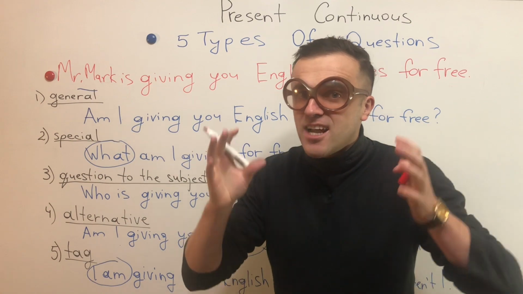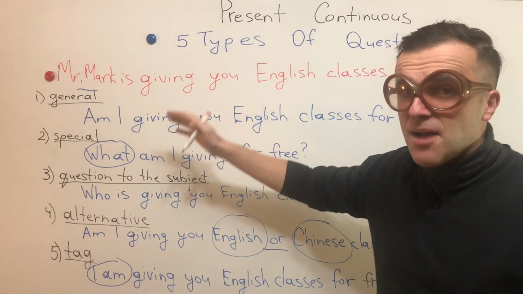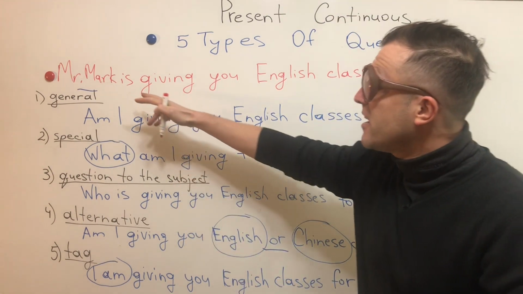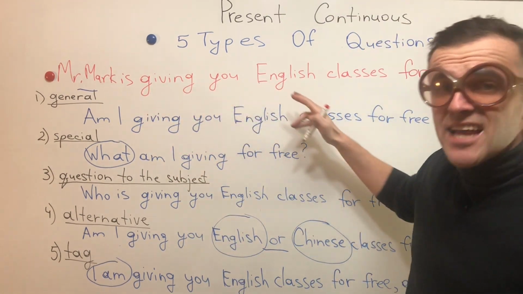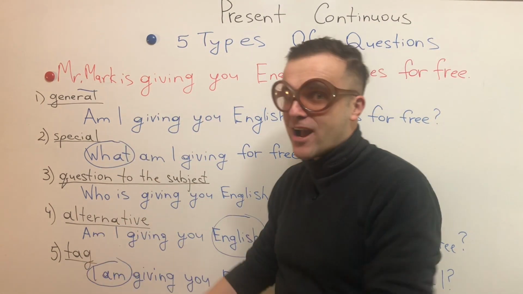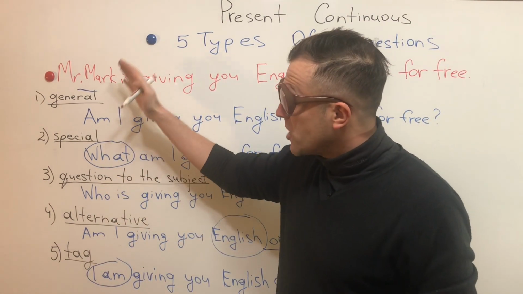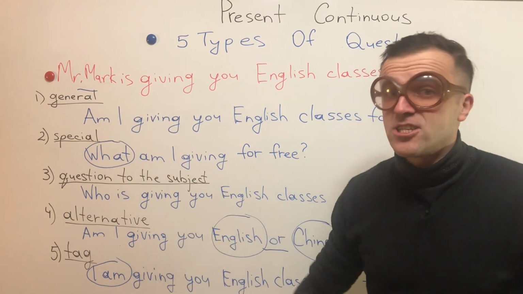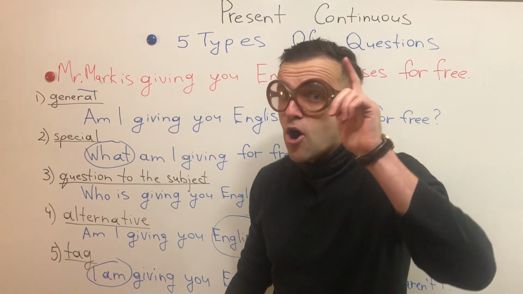And now your task will be to make up a negation, a negative sentence with this sentence, and to make up all types of questions, including general, special, question to the subject, alternative, and the tag question. It will be your homework.